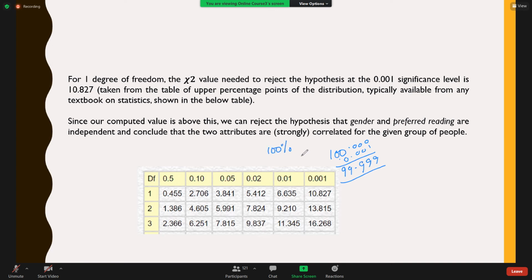So find 100 minus 0.001. What is the value? 99.999.